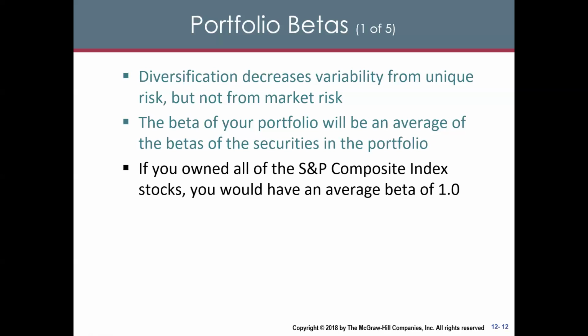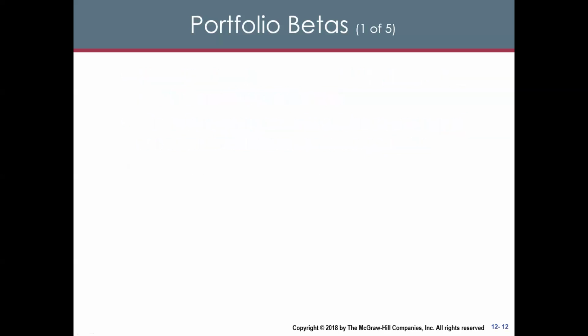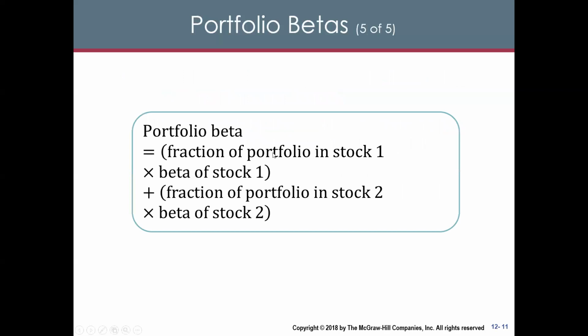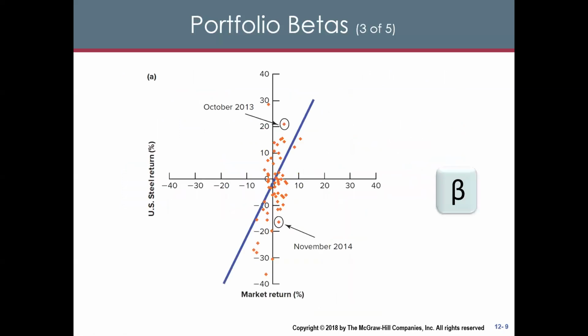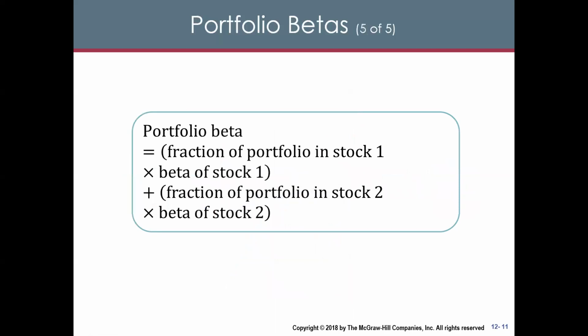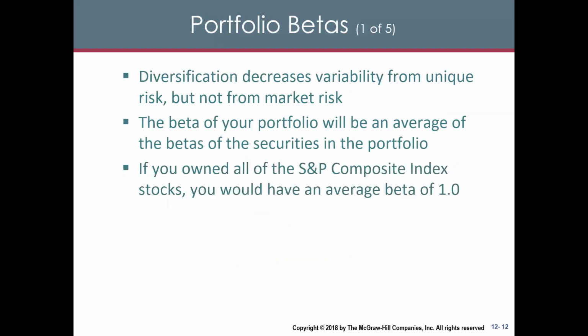So the average beta equals the market beta. Your portfolio beta will be the portfolio return divided by the market return, and the portfolio return will on average equal the market return because you hold the whole S&P 500 as a portfolio. So by definition, the average beta will be 1.